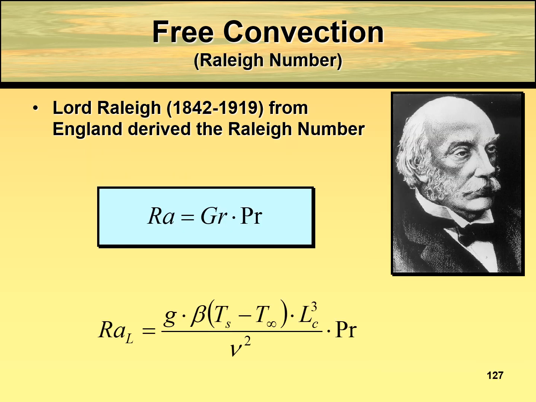Then Lord Rayleigh, born in 1842 and died in 1919, from England, derived the Rayleigh number by combining the Grashof number and the Prandtl number. So it has become the Rayleigh number.